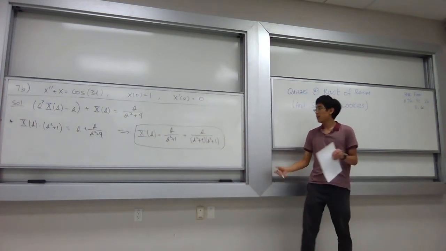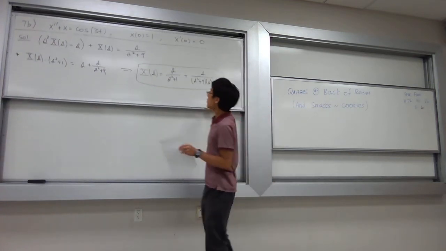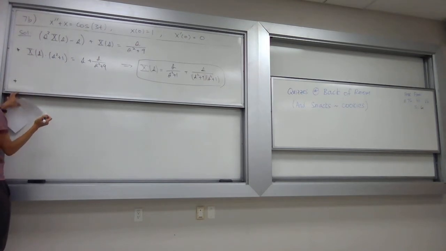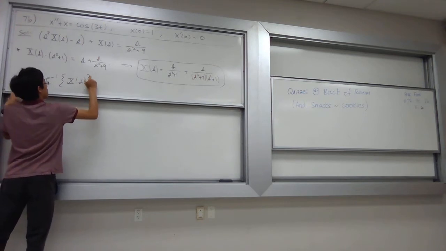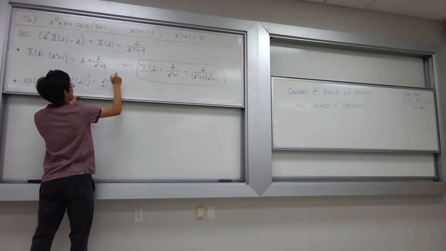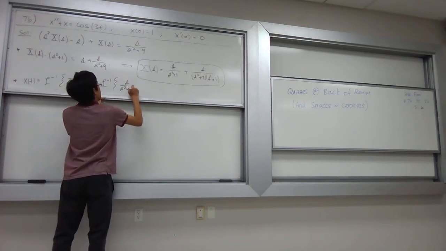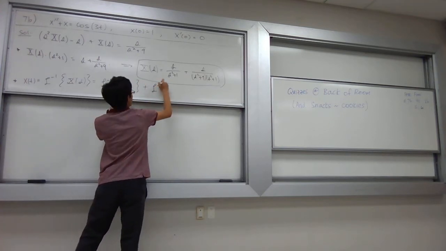Okay. And then now if you want little x, you need to invert this. So we're going to have to micromanage this. So x of t, little x of t, is the inverse transform of big X of s, which we can split up as the inverse transform of the first plus the inverse transform of the second.